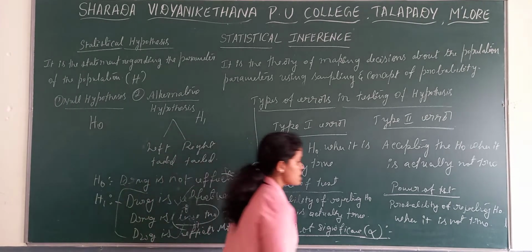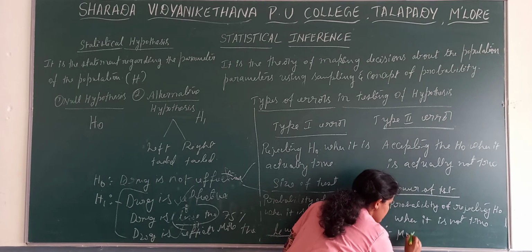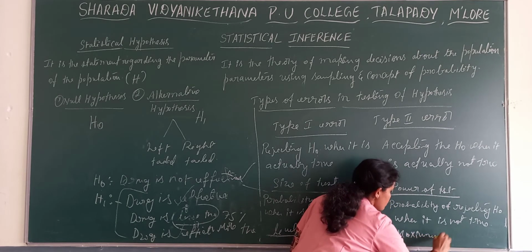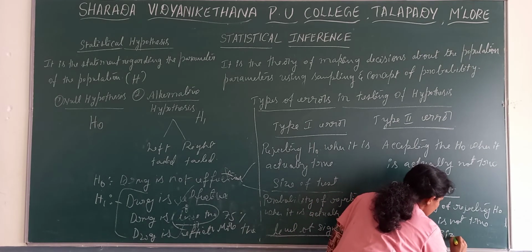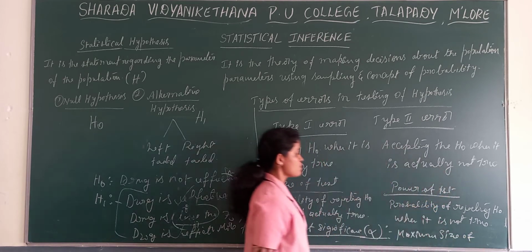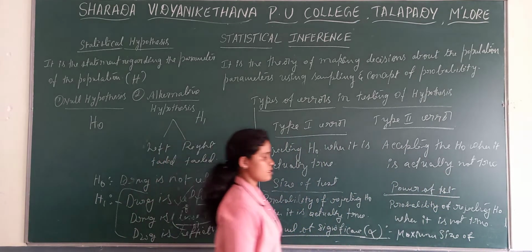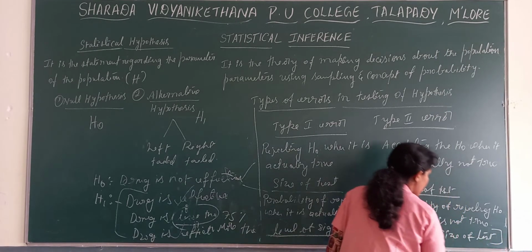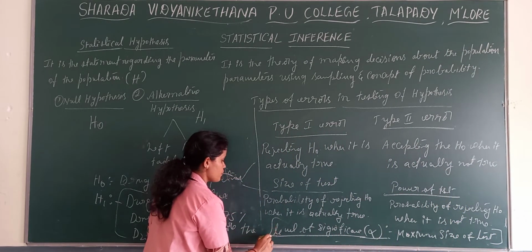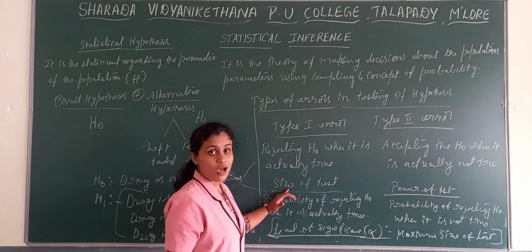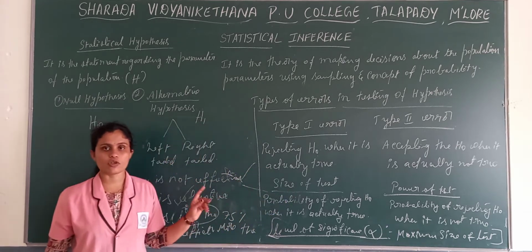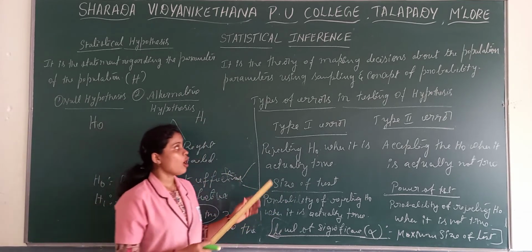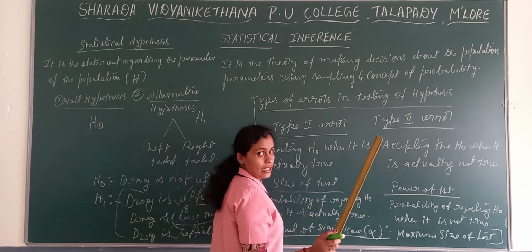The maximum size of the test is called the level of significance. Maximum size of test means the maximum probability of committing type 1 error.